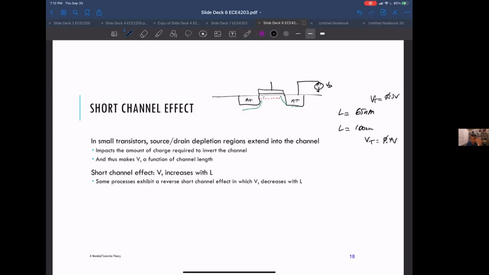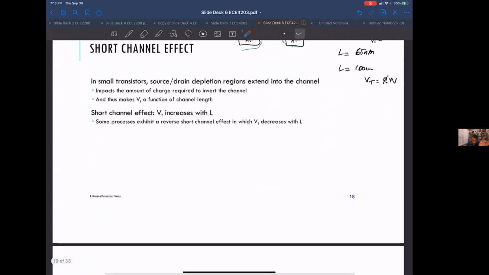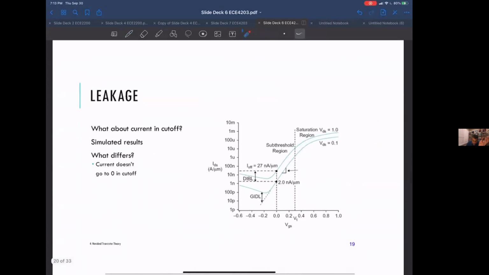I don't know exact numbers, it depends on the process, but basically the shorter transistor lengths tend to have a lower threshold voltage. Okay, so those are the threshold effects.